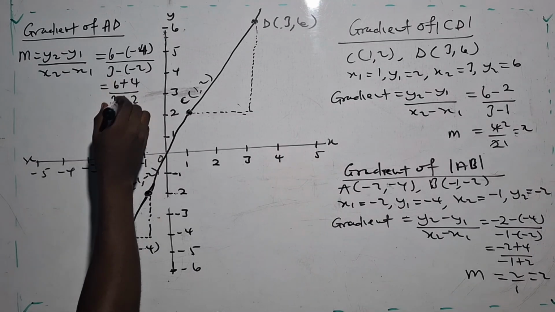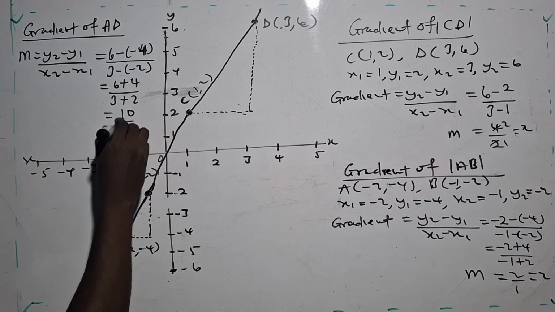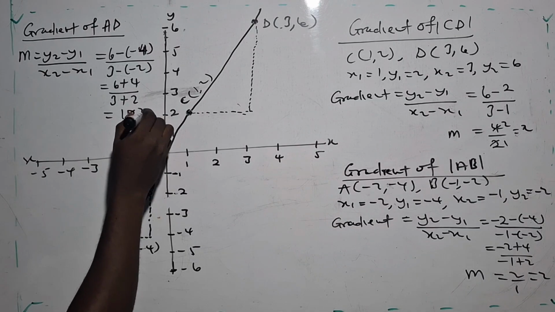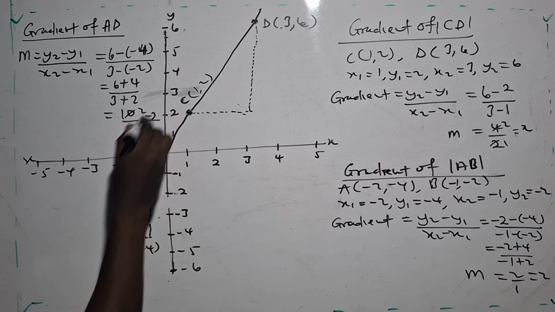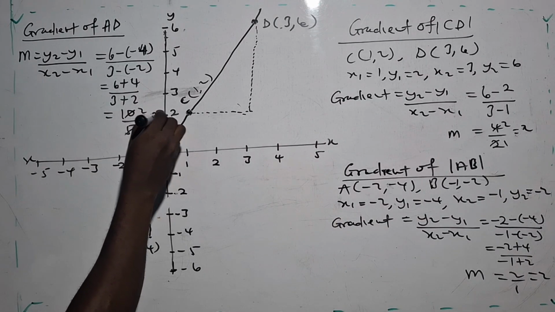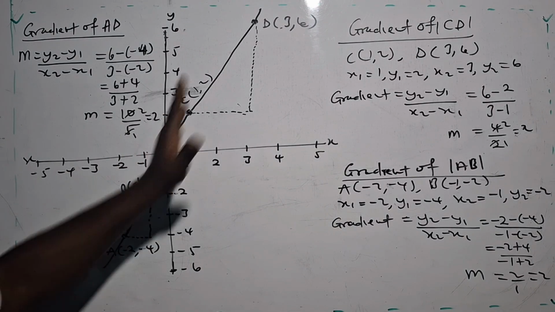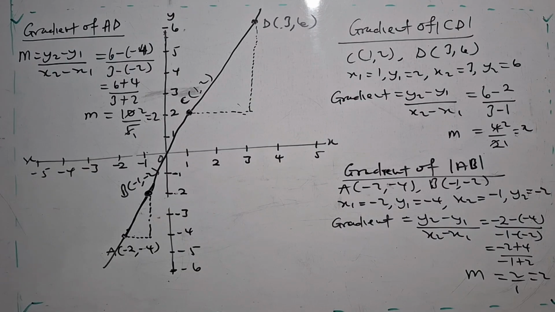So follow closely. The top one gives 6 plus 4 is 10. The down one is what? 5. So 5 we divide here 1, divide here 2. So you see, I've gotten the same 2 as the gradient.